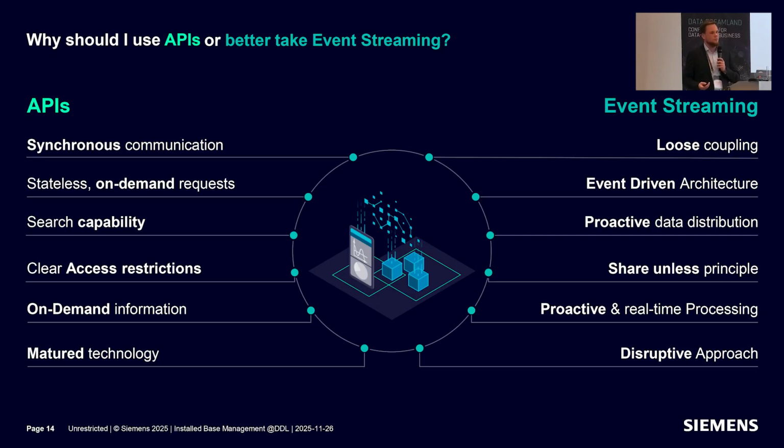But over the landscape, we have more decentralized environments, so we need loose coupling. If one application goes down, the whole system doesn't go down. Then you have an event-driven architecture, so you don't have to search for data. You're getting data provided, so you have proactive data distribution. We are sharing our information rather than other applications searching for our data.